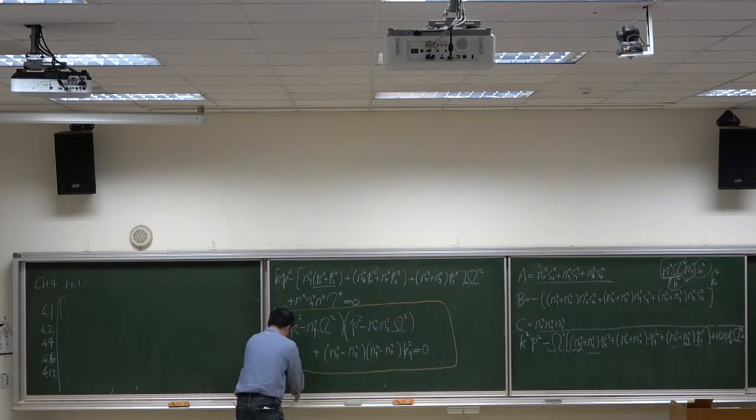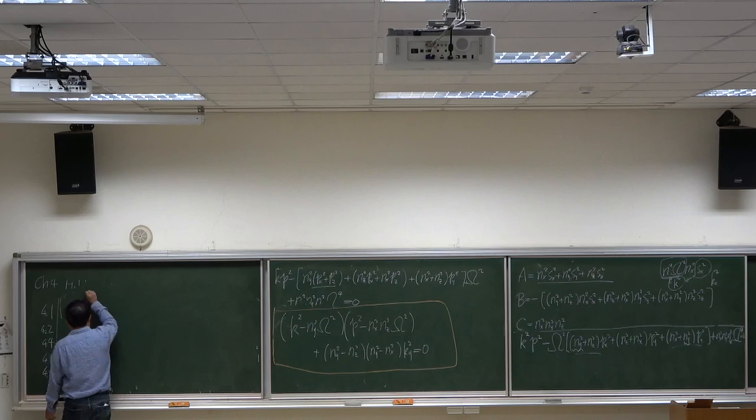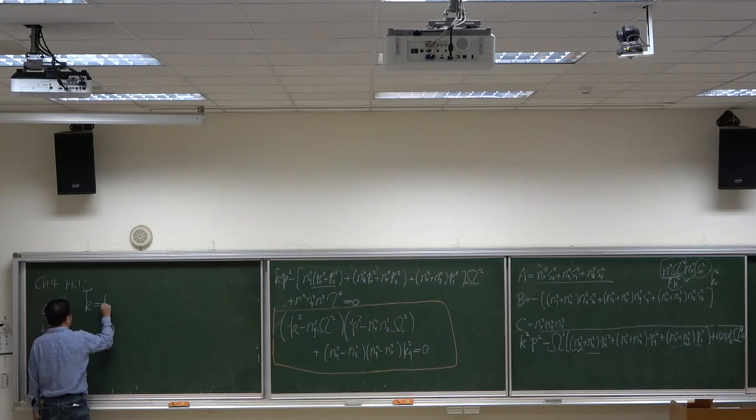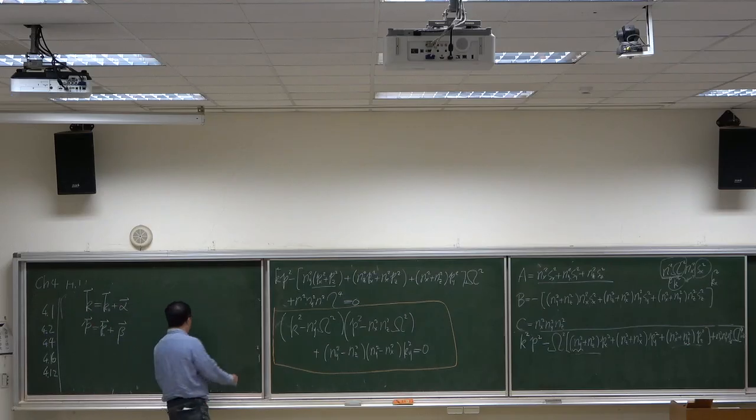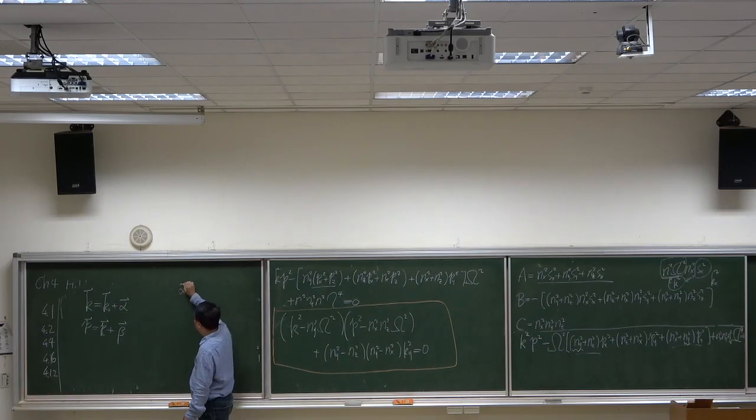So we see, if now I assume K to be K naught plus alpha, and the P to be P naught plus beta. Okay. Here alpha is alpha x, alpha y, alpha z. And beta is this: nx alpha x, ny alpha y, nz alpha z. Okay.